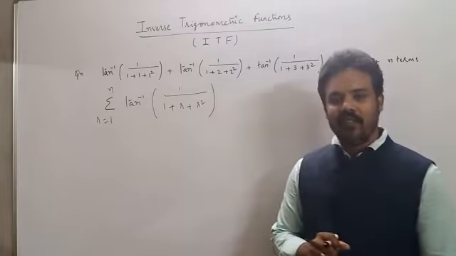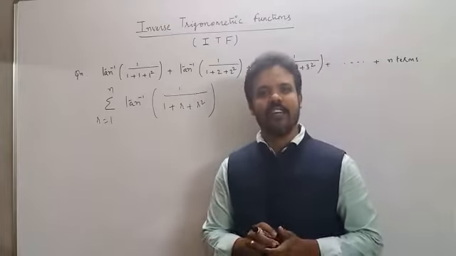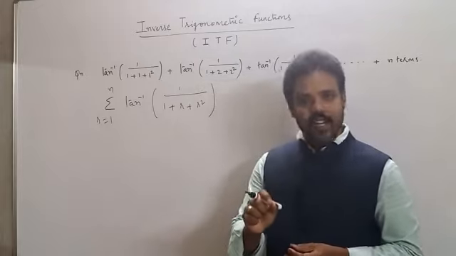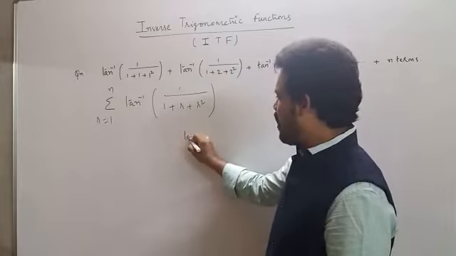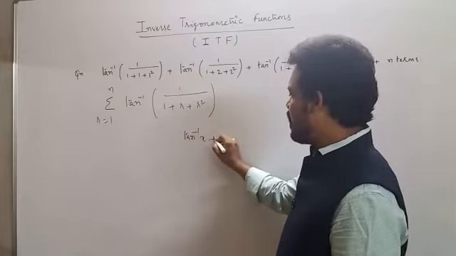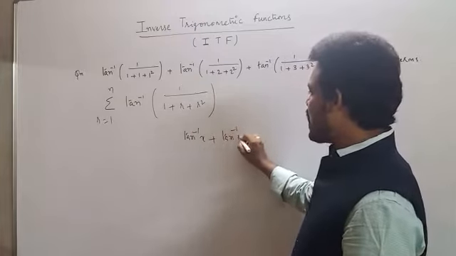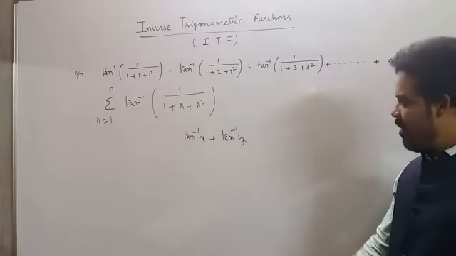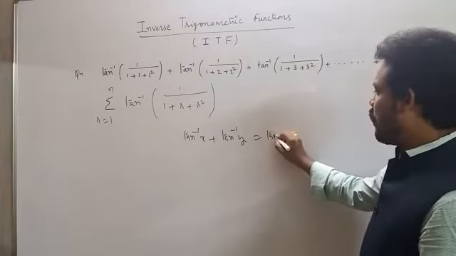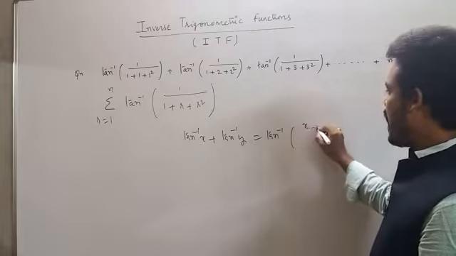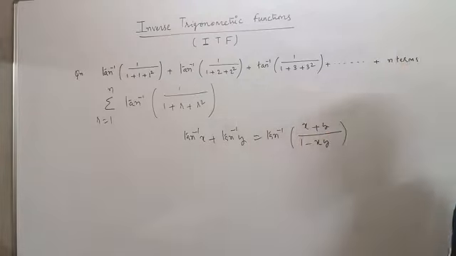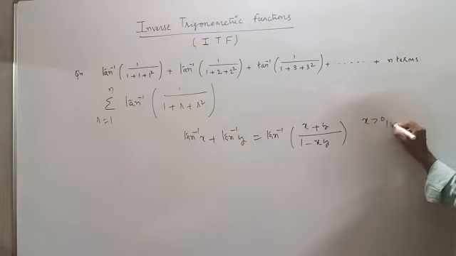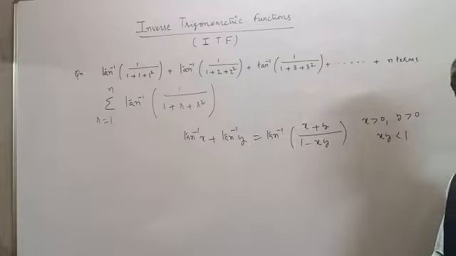After this, we have two important formulae in ITF, especially in terms of tan. Tan inverse. Let me write the formula for understanding purpose. Tan inverse x plus tan inverse y, we already know, is equal to tan inverse of x plus y by 1 minus xy, provided x positive, y positive, xy less than 1.